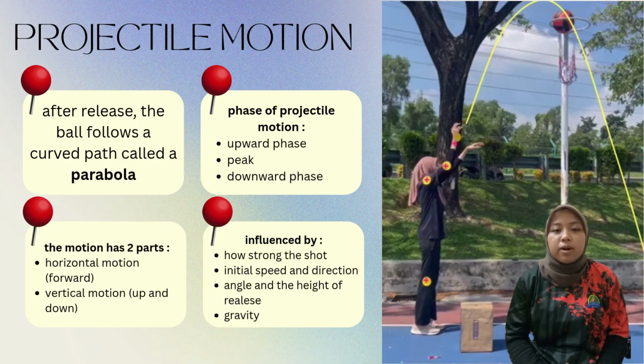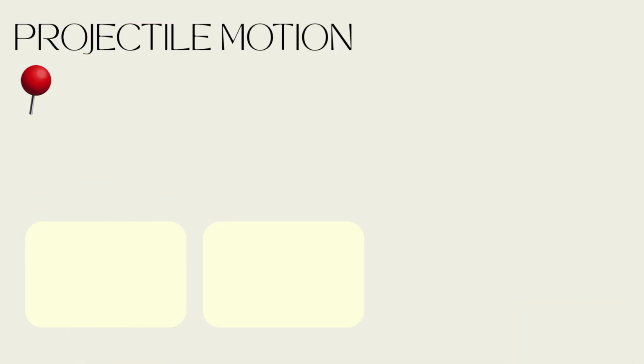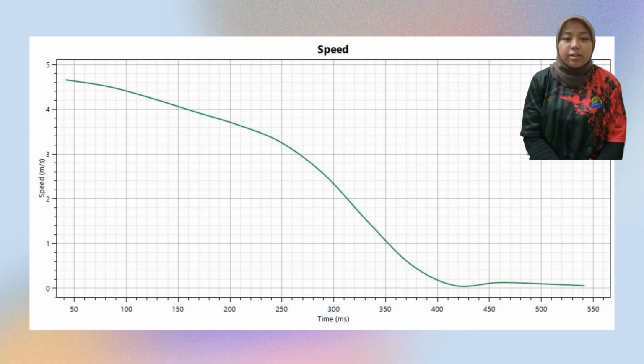The ball moves upward, slows down, then falls back down because of gravity. Gravity pulls the ball down faster. The path of the ball depends on how strong the shot is, the initial speed and direction, the angle, the height of release and gravity. So now let's look at the graph.